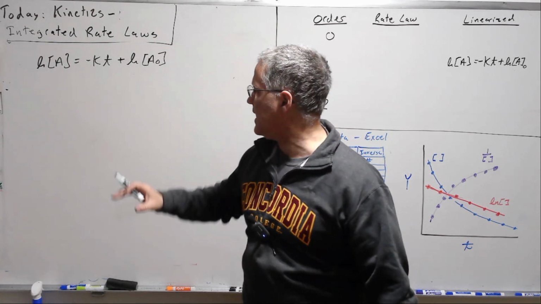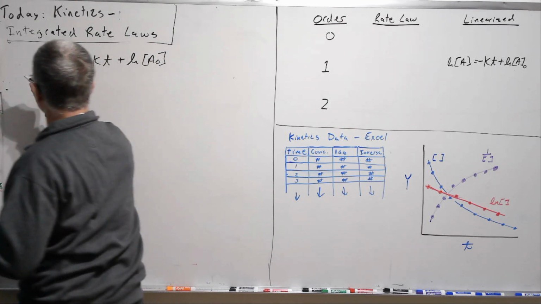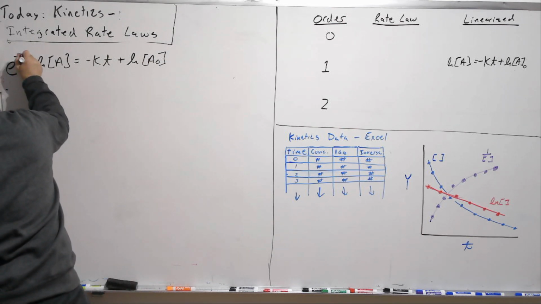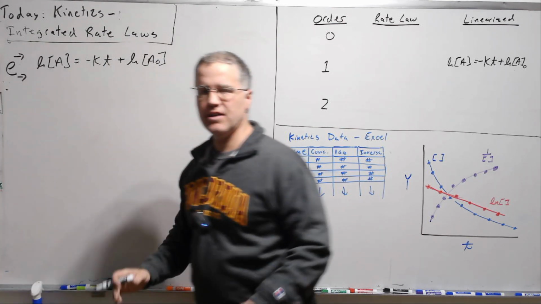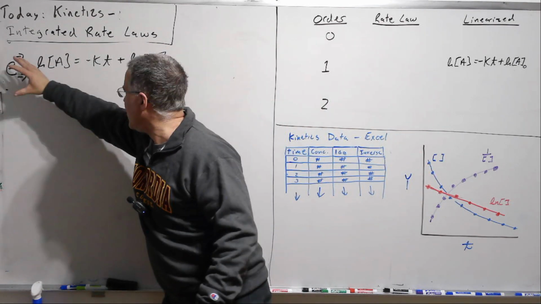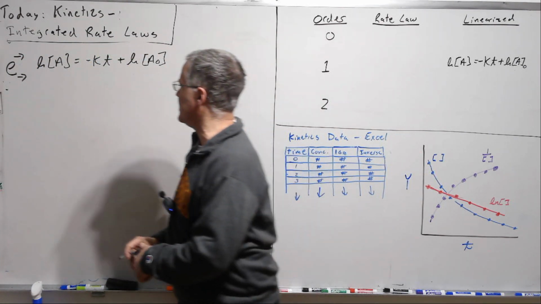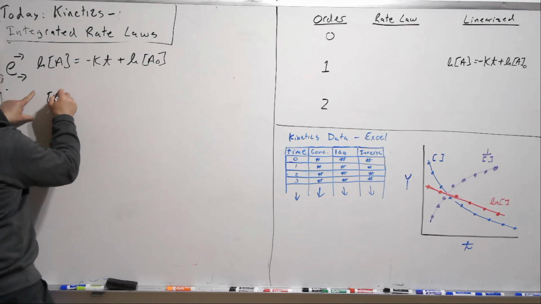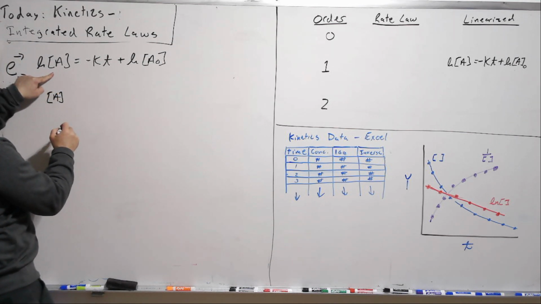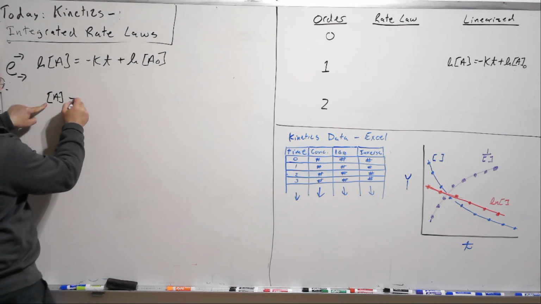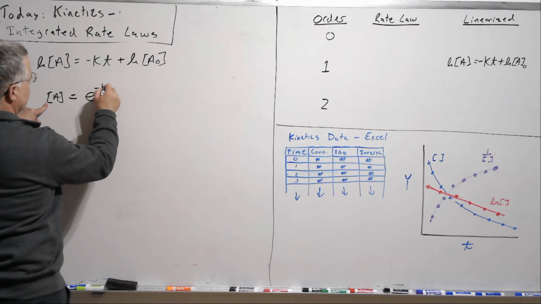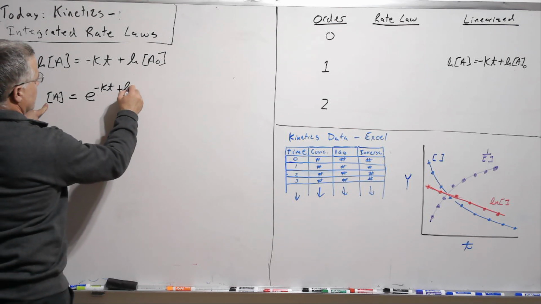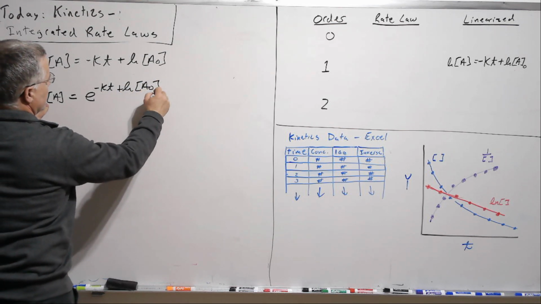We need to get A out of this log, so we exponentiate. So I'm going to use this same kind of notation here, E with the arrows, meaning we're going to exponentiate both sides of this equation. So when we do that, we get A, because exponentiating the log here, we'll just pull out the argument. And then we're going to have E to the minus kt plus log A naught.